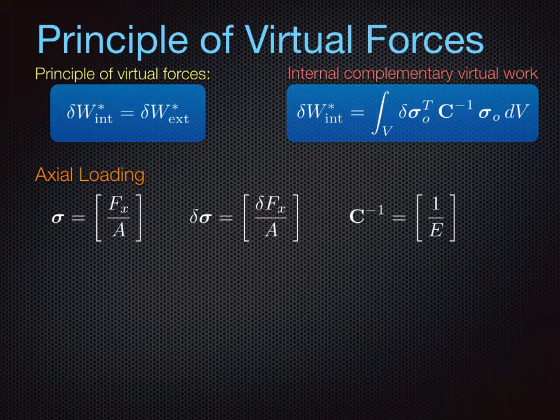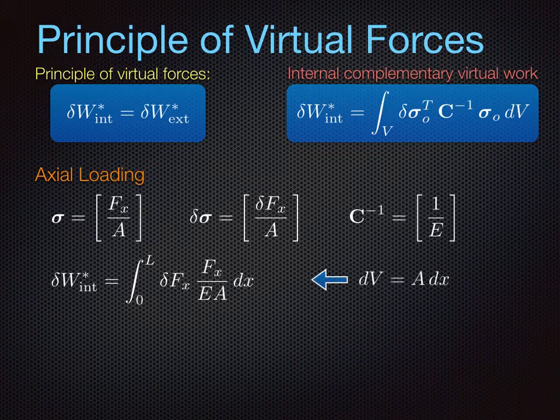Again, the material stiffness or material flexibility is 1 over E. Once we plug in those terms into the volume integral we have and carry out the cross-sectional area integral on the inside, we will have this result, where we have used simply that dV is equal to A times dx, and that would just be the integral that we would have to carry out for the axial loading case.